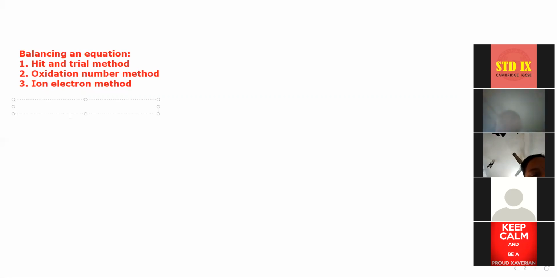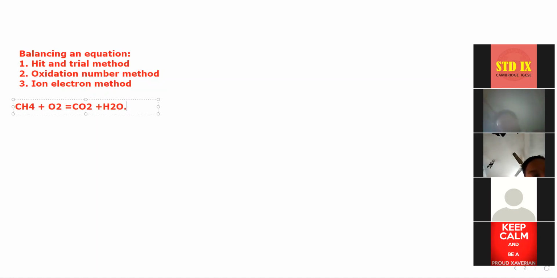Only the hit and trial method. Say CH4, that is what I am doing right now, plus O2 equals CO2 plus H2O. Sir, can you write the definition of all these three? See, I'll tell you something, Arijit. Your question is good, but not all the definitions are always available.